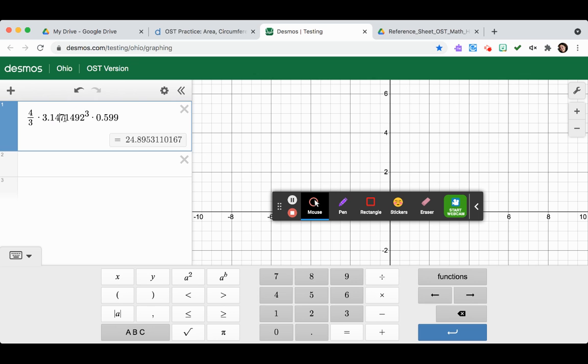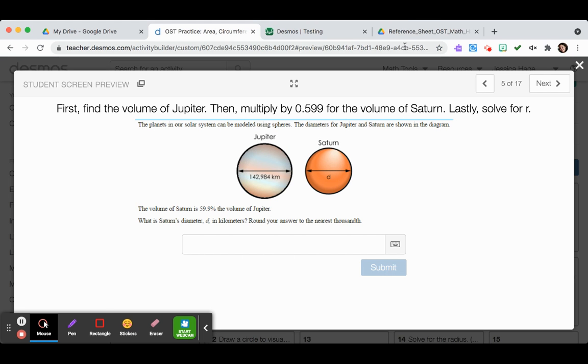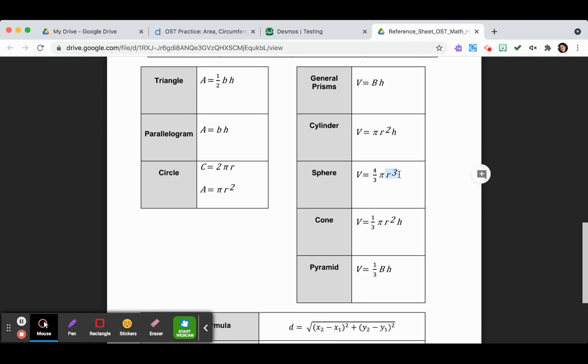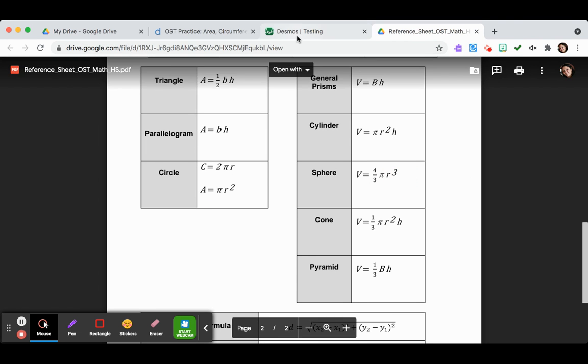And we can actually delete this. That's dividing by 3.14, which is canceling it out. And now we're going to divide out the 4/3. And so the number that we have, we need to take the third root of that to get the radius.